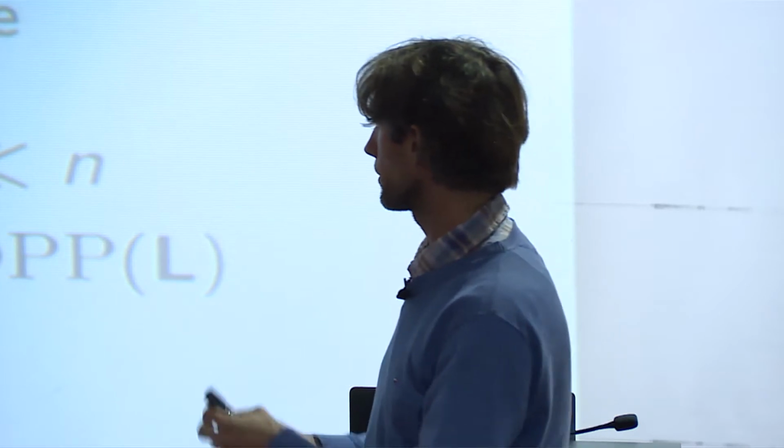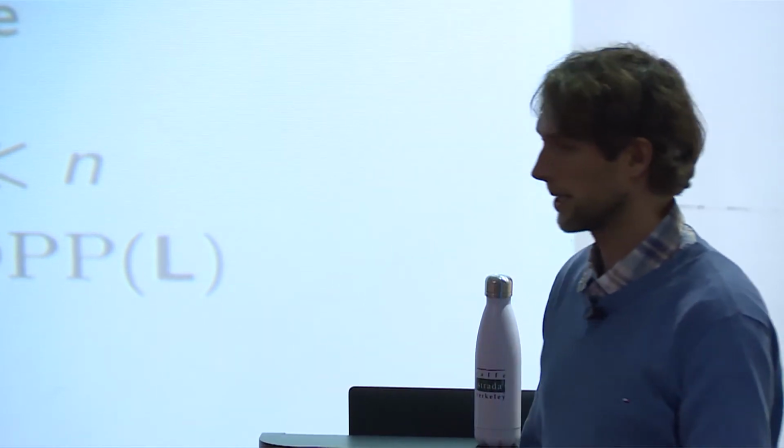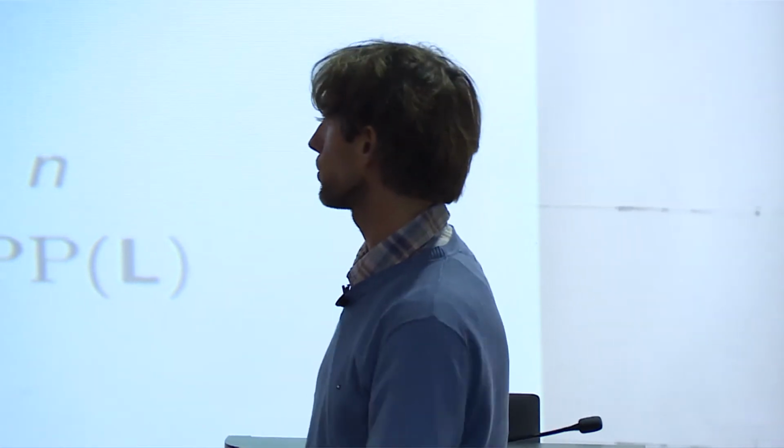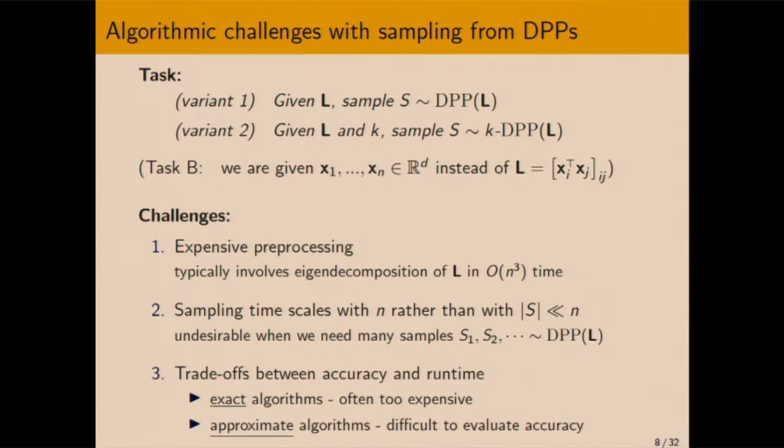Now, there has been a lot of literature trying to overcome these issues, and people have run into basically a trade-off between accuracy and runtime. Many exact algorithms that have been proposed require some form of eigendecomposition or some kind of decomposition of the matrix L, whereas there have been many approximate algorithms that try to avoid exact decomposition.